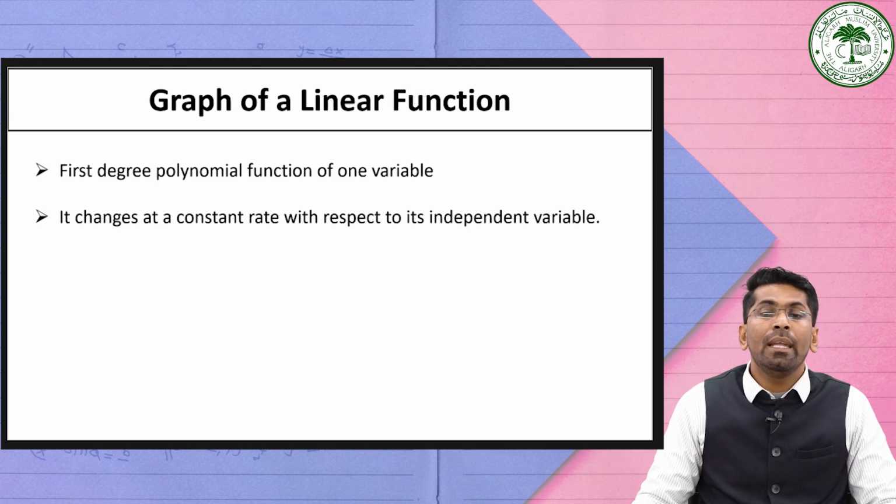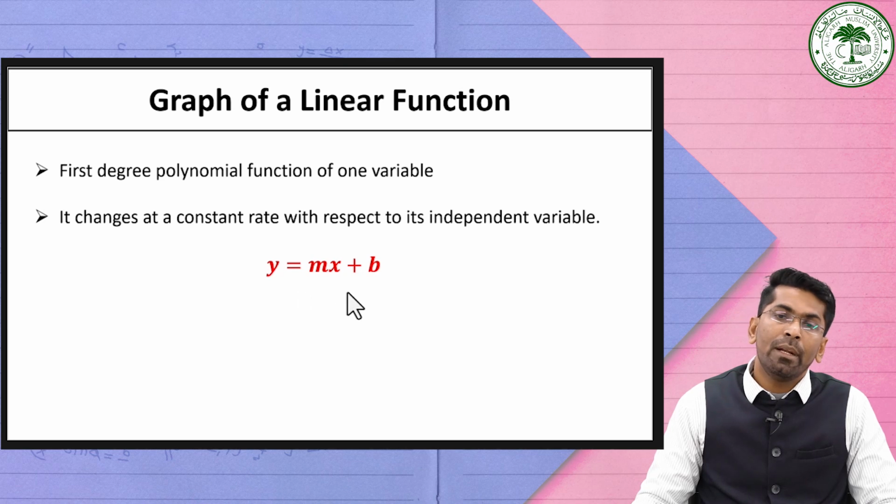Thus, mathematically, a function f defined by y is equal to mx plus b is called a linear function, where y is the dependent variable and x is the independent variable. And m here is the slope, that is the constant rate of change, and b is the y-intercept term.